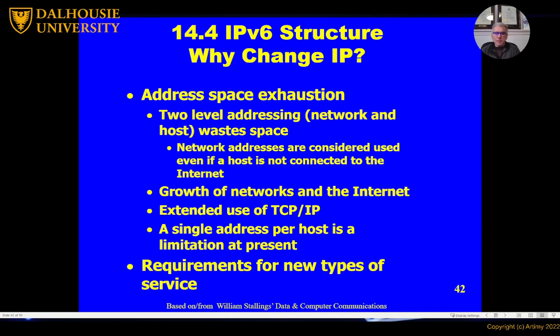So everything is translated. So the rest of the world will see my network as one address, while inside my network actually there are plenty of devices, right? So that reduced the need for IP version 4, but we still need more addresses.